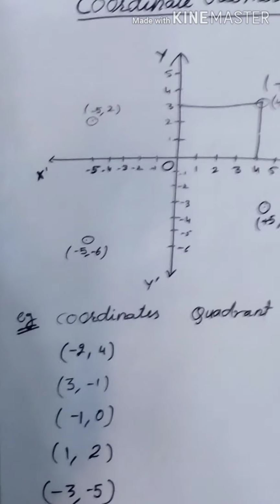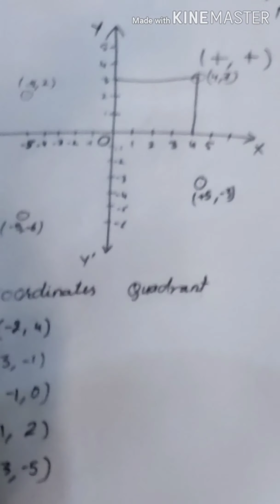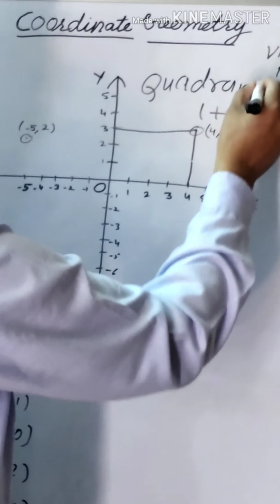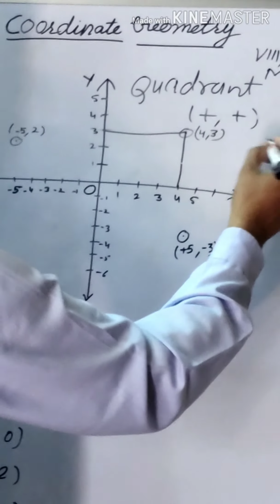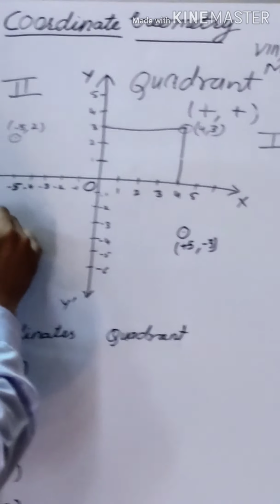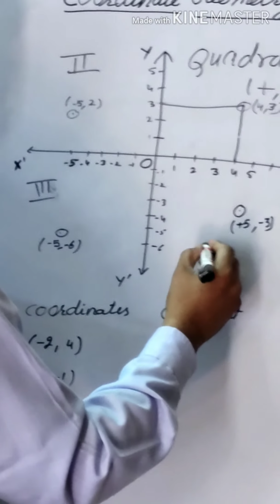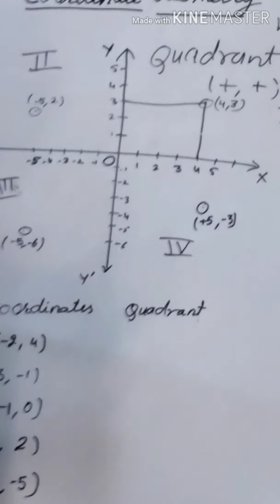And one thing you know very well, the x-axis and y-axis divide the plane in four parts. Each part is known as quadrant. So this is first quadrant, this is second quadrant, this is third quadrant, and this is fourth quadrant.